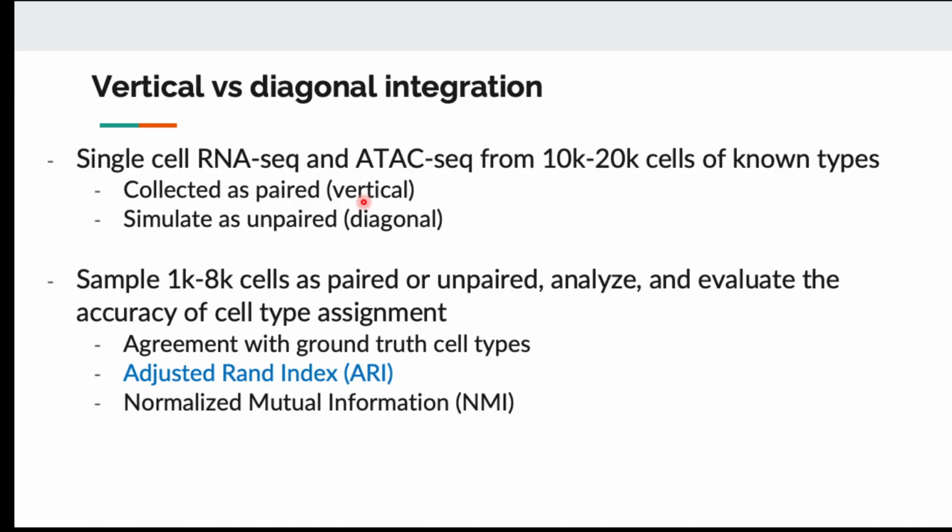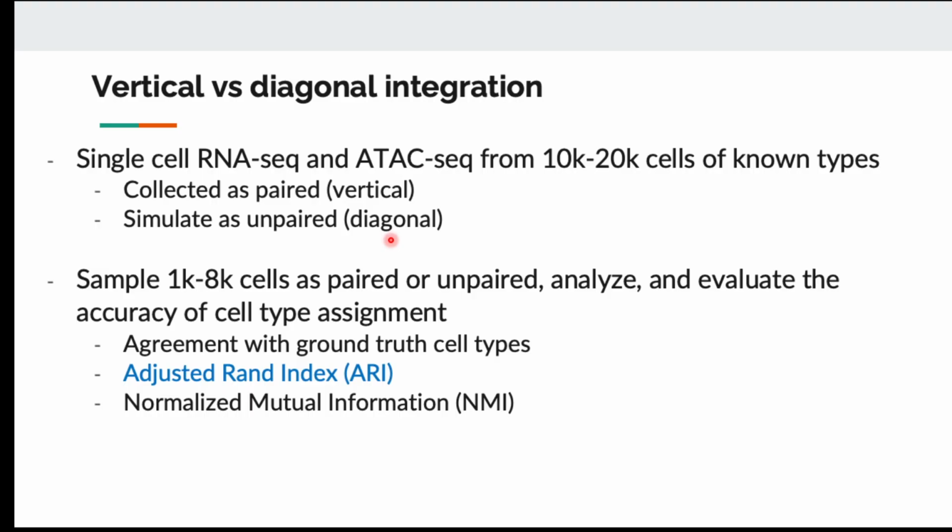Okay. So in this case, they extract the data as a pair, so they barcode each cell and analyze both omics. But to simulate diagonal integration, they shuffle the cell barcodes. So even though in the original data we know which RNA-seq corresponds to which ATAC-seq, they simulate the effect of diagonal integration by shuffling the cell barcodes.